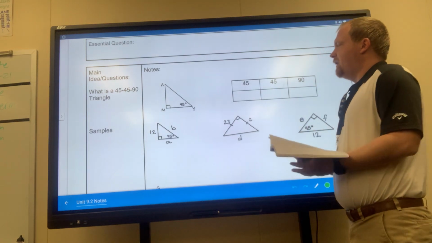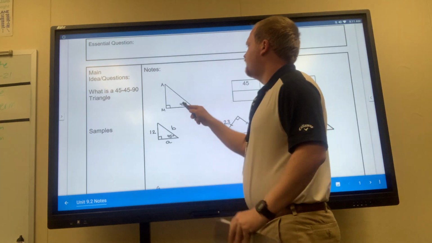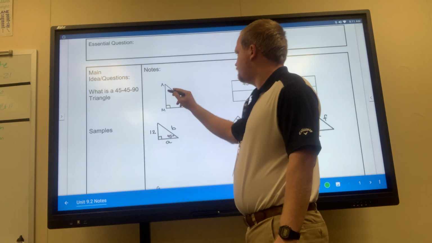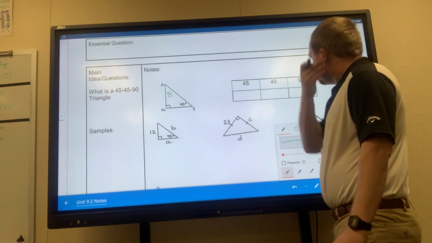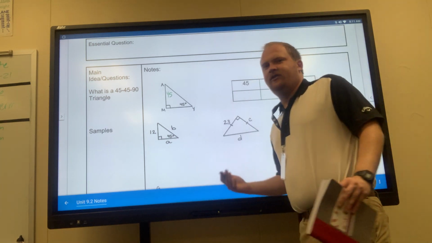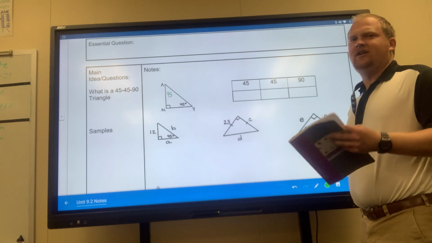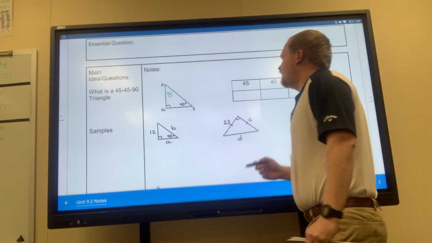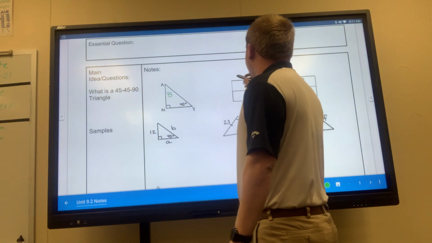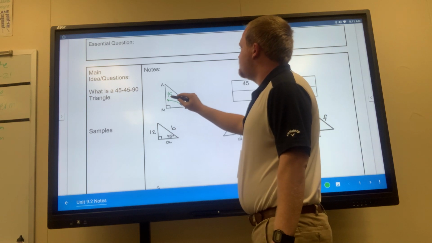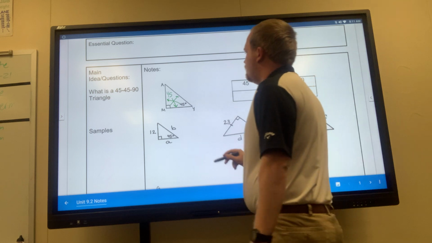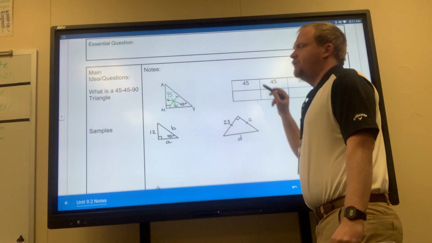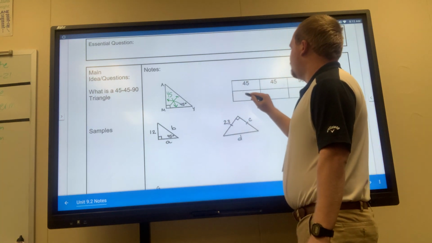Basically, if this angle right here is 45 degrees, that angle is going to be 45 degrees as well. So what does that tell us? No matter what the lengths are, whatever is opposite a 45-degree angle, the length is x.